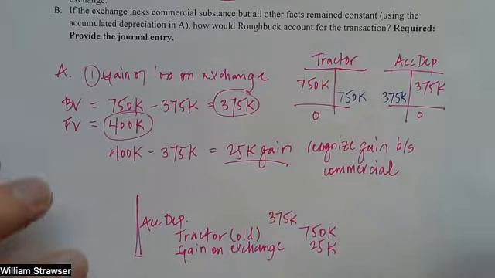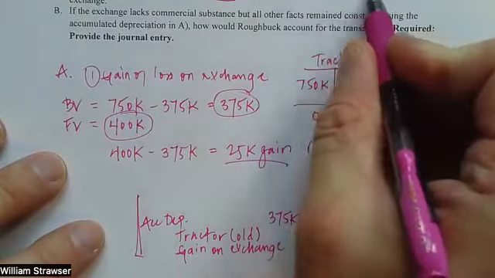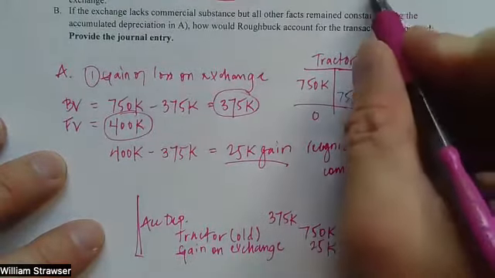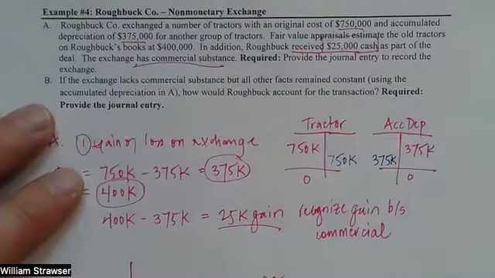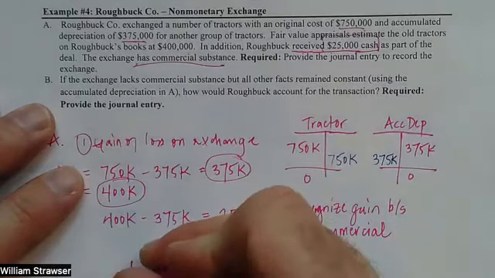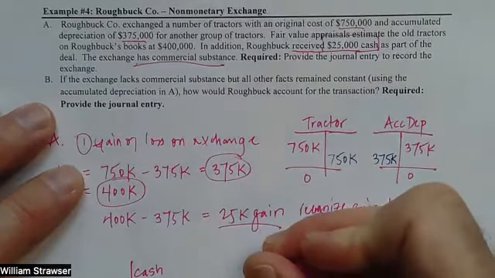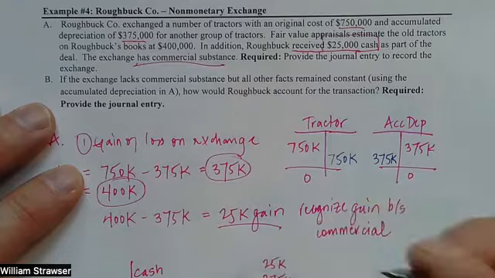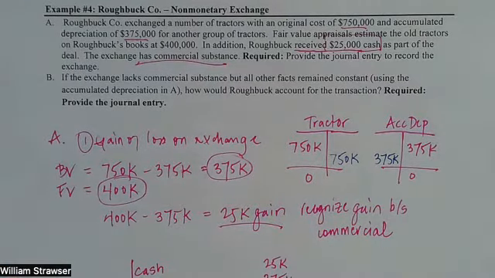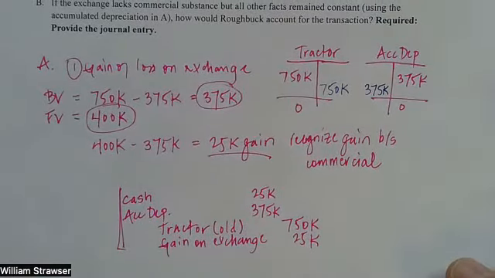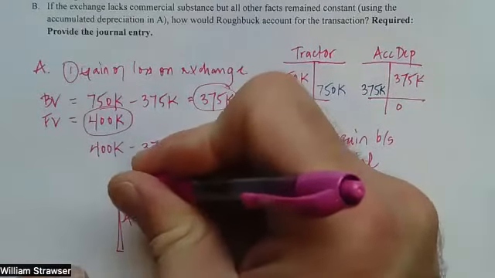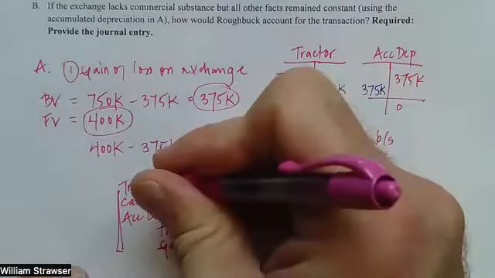Also, I received some cash. Don't forget the cash piece. I received $25,000 of cash from this transaction, so I would debit cash for $25,000. And at that point, the only thing that's yet to be recognized is the new tractor. So then we got tractor, and it's a new one.